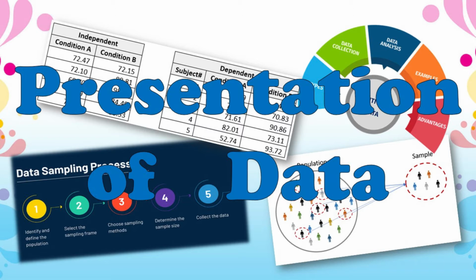To start with our lesson for today, let's have first a game. I will show you some pictures and you just need to identify what this picture is. Are you ready? You will be given 5 seconds to think for your answer.